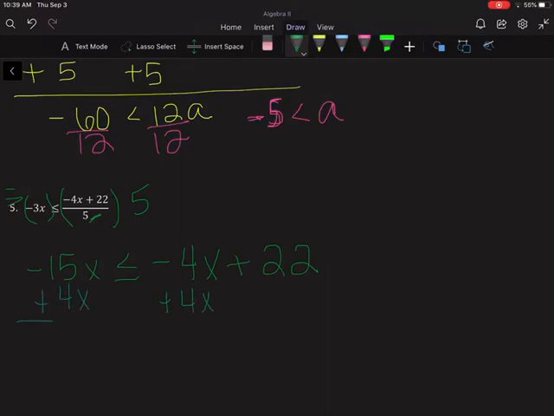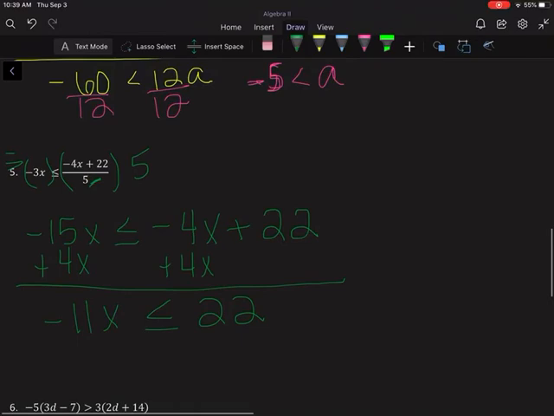And then I add 4x. Looks like that's going to be a negative 11x is less than or equal to positive 22. Last step would be to divide by negative 11.